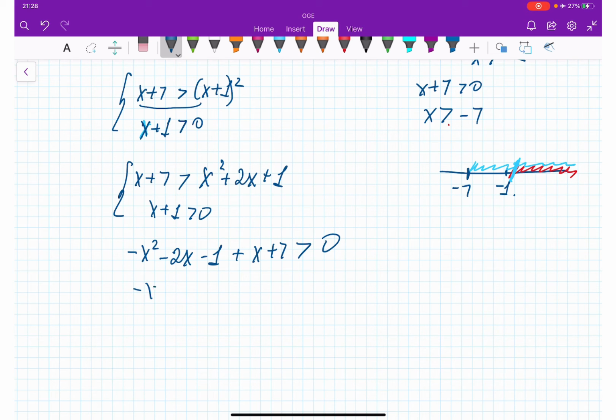Okay, negative x squared minus x plus 6 greater than 0. Now we need to divide by negative 1 because I want x squared, so I can factor it. So I will get x squared plus x minus 6, right? Since I divide by negative 1 everywhere, it's going to affect my sign also.